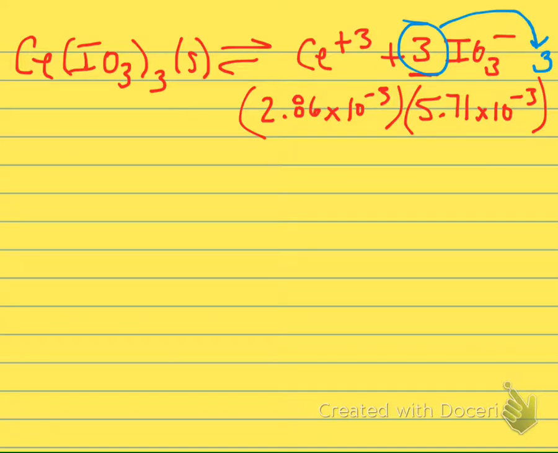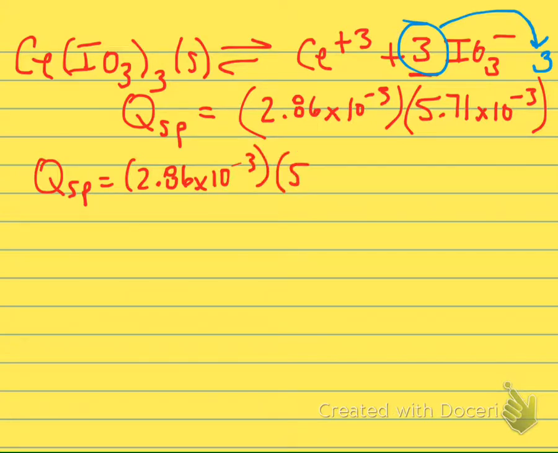And so my KSP, my QSP, is going to equal this value here. So I'll rewrite that. QSP equals 2.86 times 10 to the negative third times 5.71 times 10 to the negative third cubed. And my Q value is 5.32 times 10 to the negative 10th.